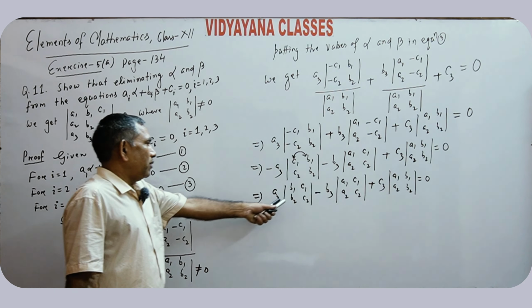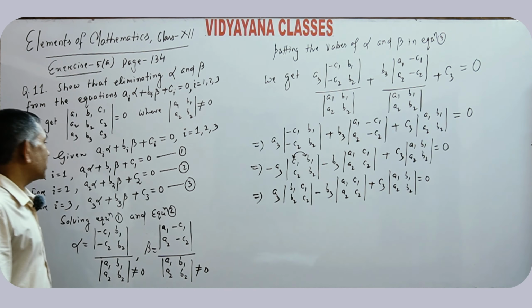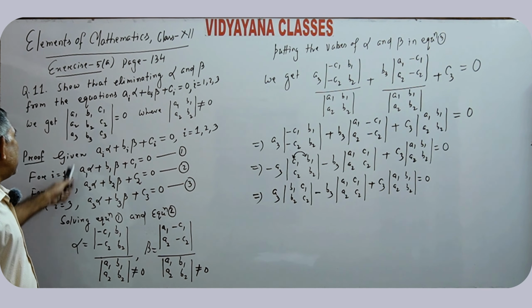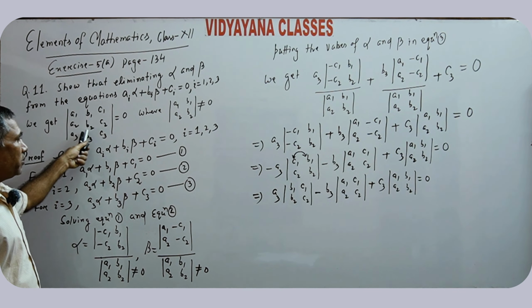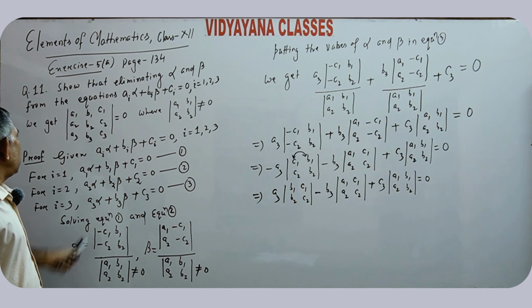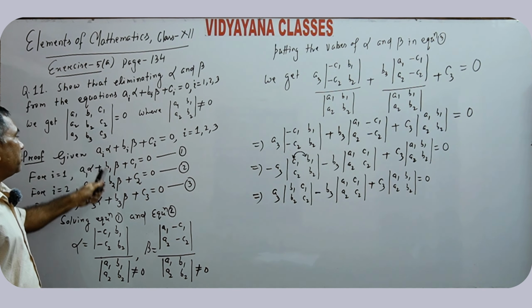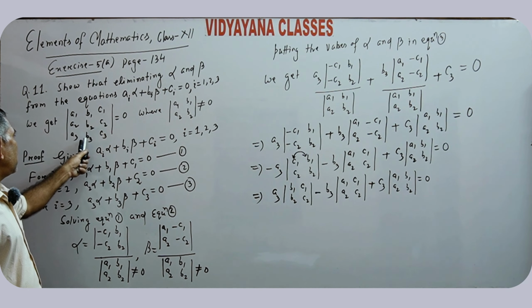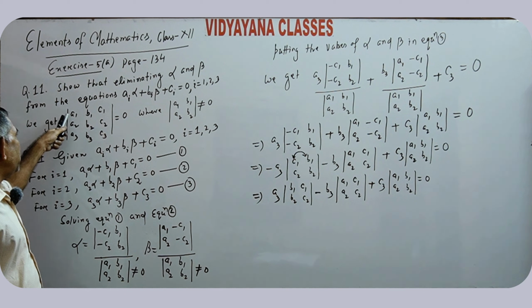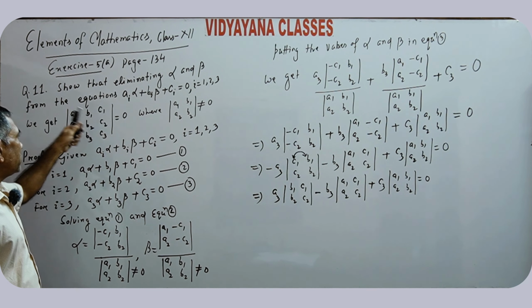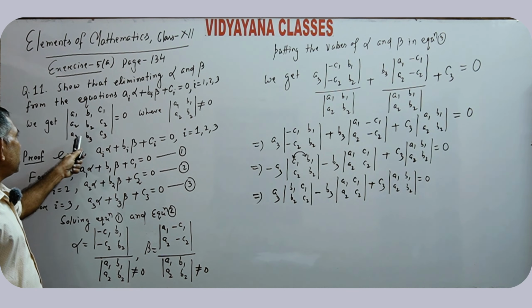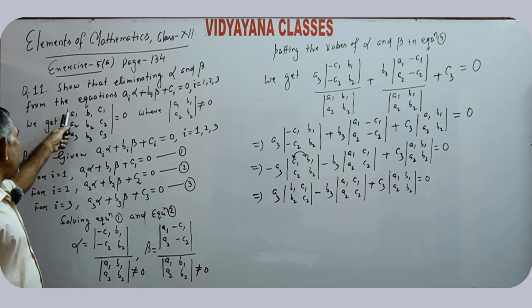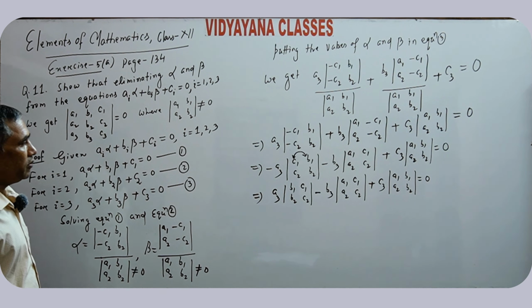It is the expansion of row 3, A3 into determinant B1, B2, C1, C2. The sign of B3 is minus. Minus B3 into determinant having elements A1, A2, C1, C2. Plus C3 into determinant having elements A1, A2, B1, B2.